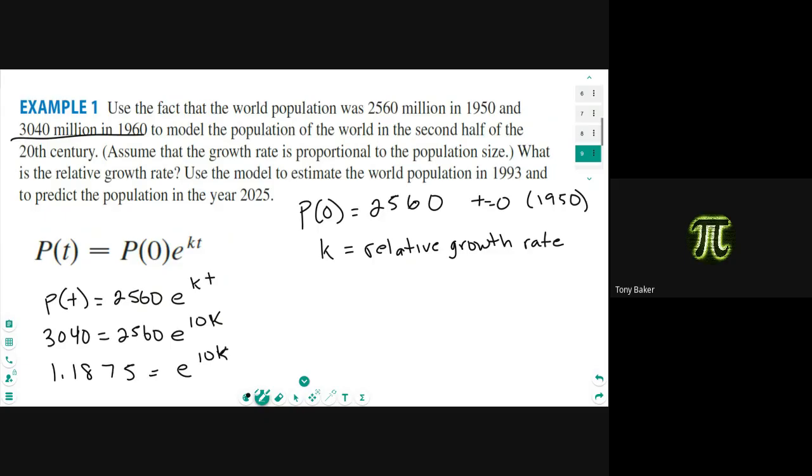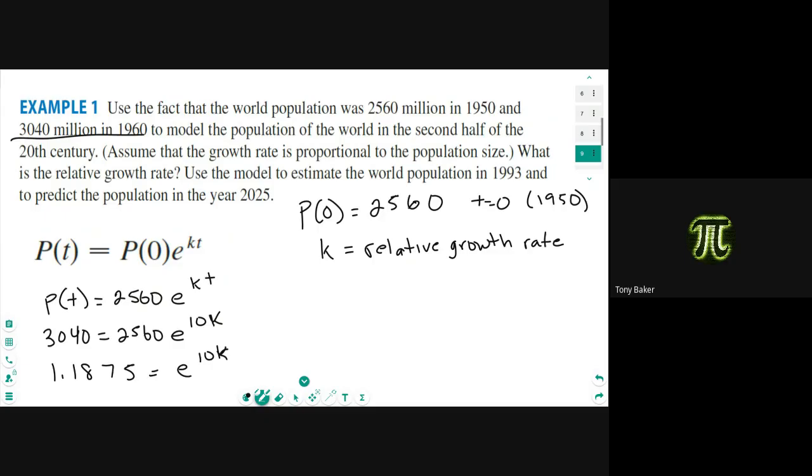All right, now go back to what we talked about last week. How do we get the variable outside of the exponent? What's the method we used last week to get variables out of exponents? We have to take a log of both sides.